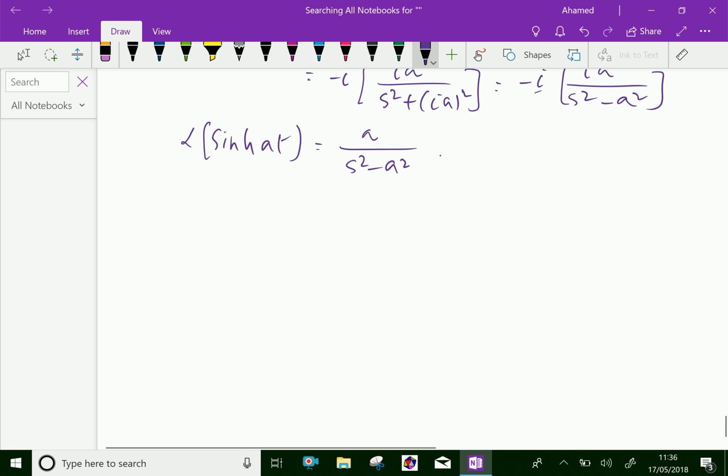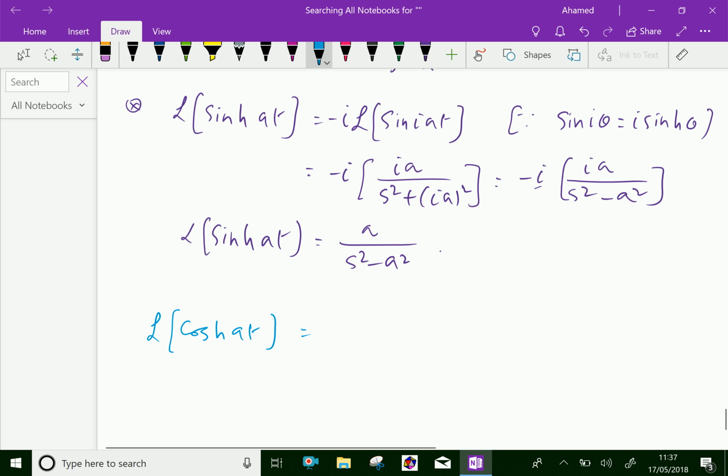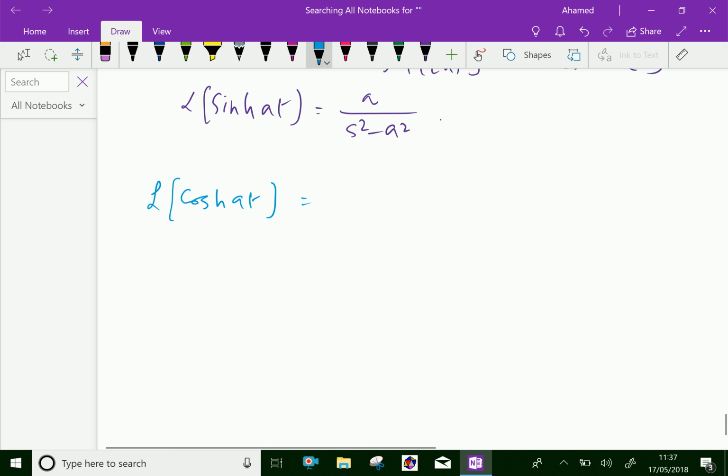Now, let us do another function, the Laplace transform of cosh at.